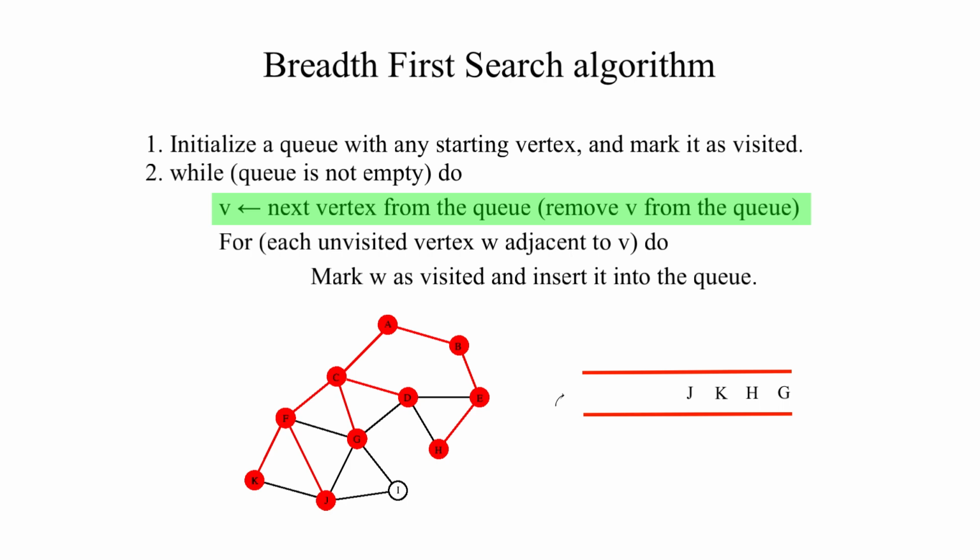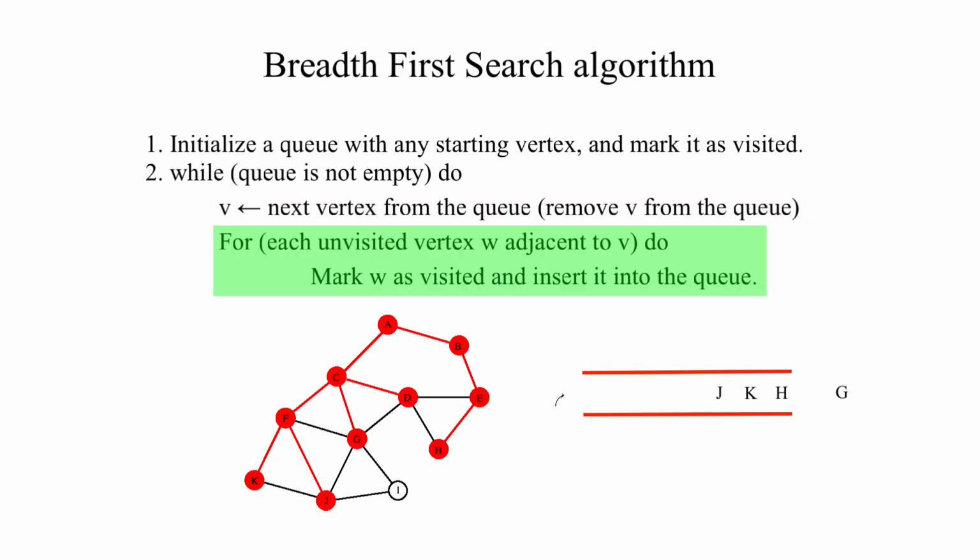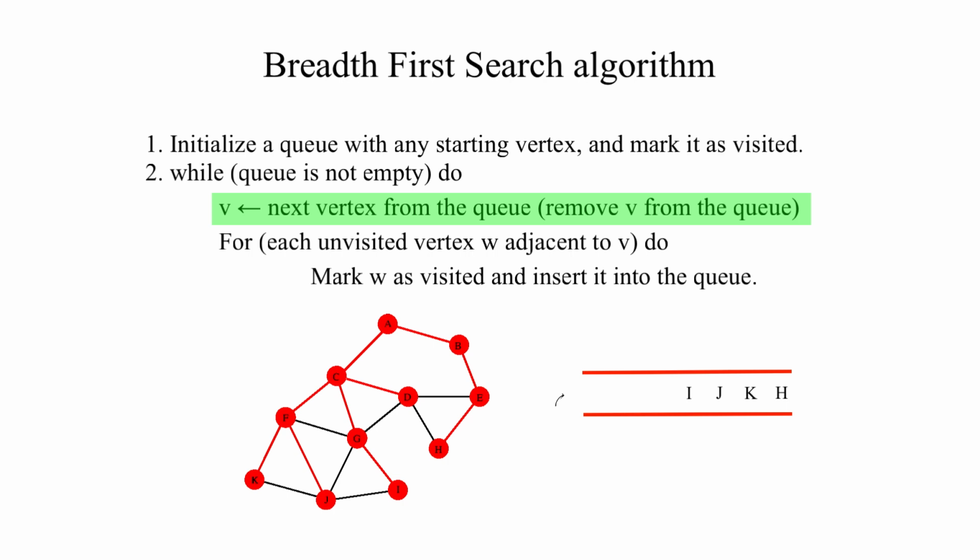Following the algorithm, take the next vertex from the queue, vertex G, and remove it from the queue. For each unvisited vertex adjacent to G, mark it as visited, and insert it into the queue. So, we mark the vertex I as visited, and insert it into the queue. Following the algorithm, take the next vertex from the queue, vertex H, and remove it from the queue.